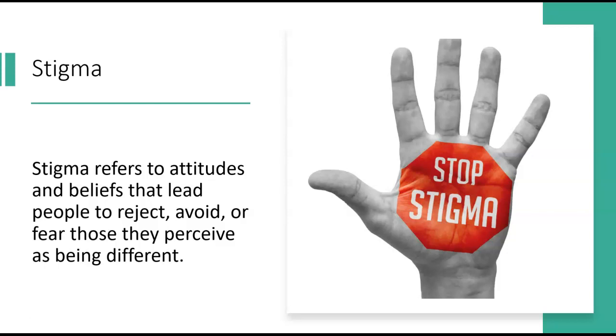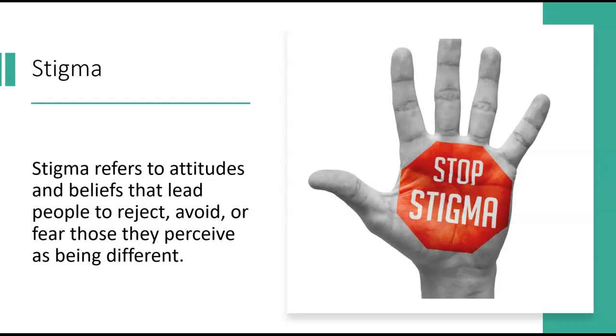So just to remind us all of what we mean by stigma. Stigma, as I introduced it in the orienting lecture at the beginning of the semester, is caused when people have attitudes and beliefs that justify rejecting certain classes of people based on their status as members of various social groups.